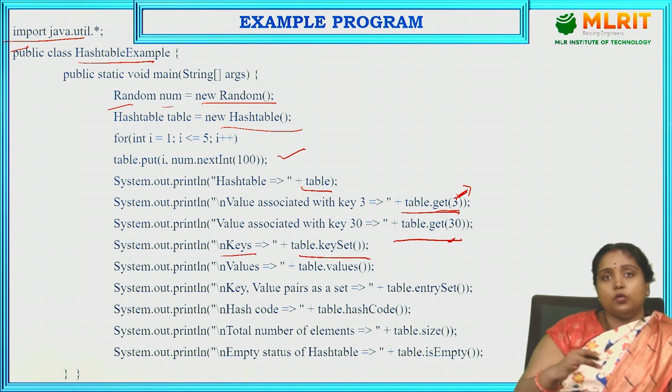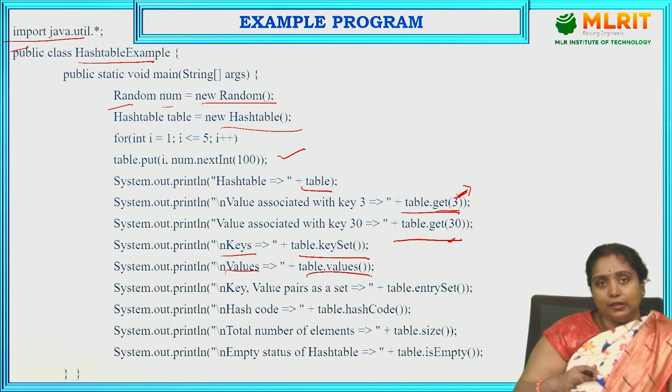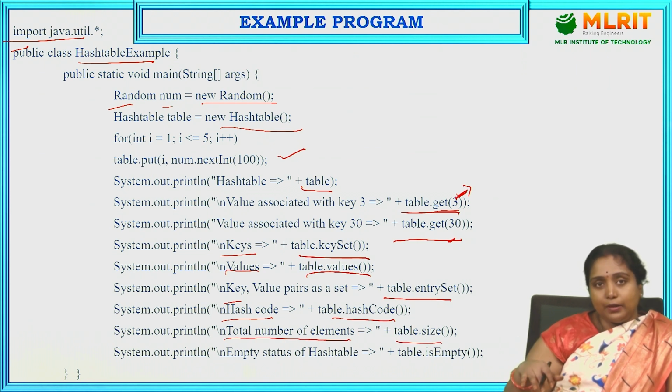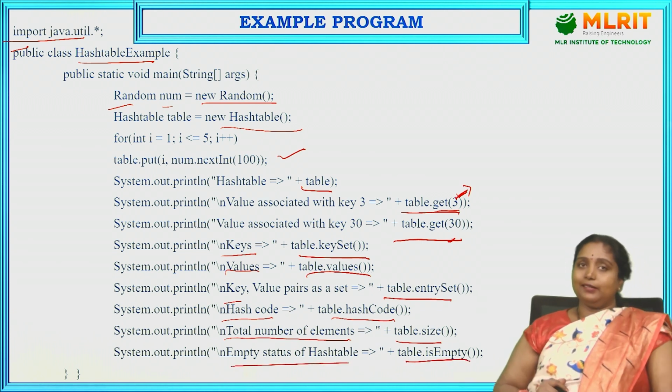It will return all the keys, and values will return all the values present in the table. And for key value pairs, entrySet is a method which is used to present key value pairs. And next, hashCode will return what hash code they have used. And total number of elements will return the size. We are inserting 5 elements, so it will return 5. Next, empty status will check whether the hash table is empty or not.